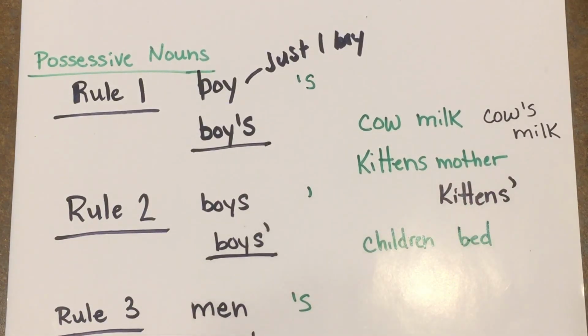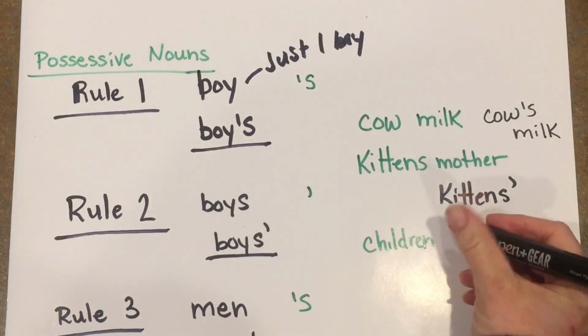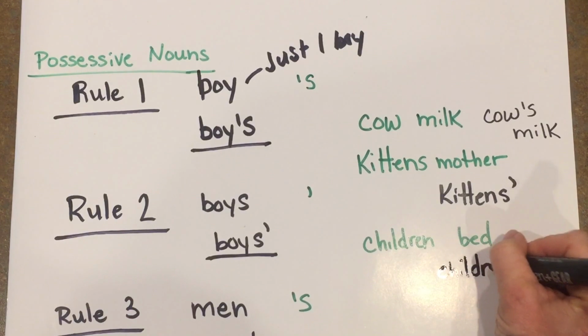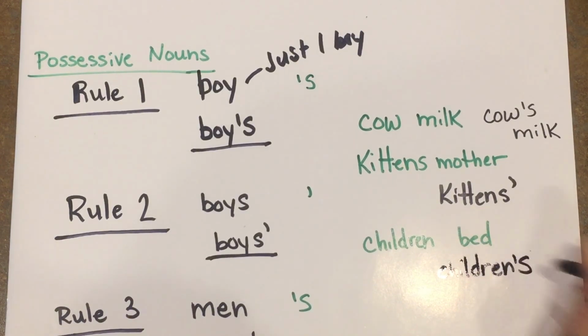This is already plural. We want it to be their bed. Here's rule 3. Already plural, add apostrophe S. Children's. Right?